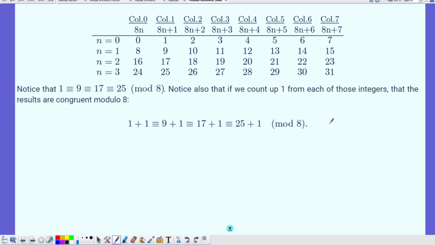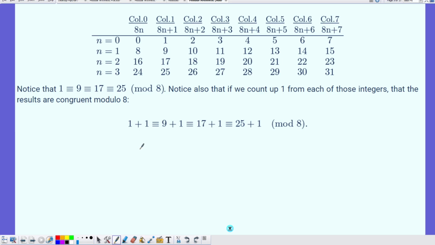So let's see. Notice that 1 is congruent to 9, is congruent to 17, is congruent to 25 under mod 8. This is what we have going on in our column over here. However, if we count up from 1 from each of those integers, their results are also congruent to each other.